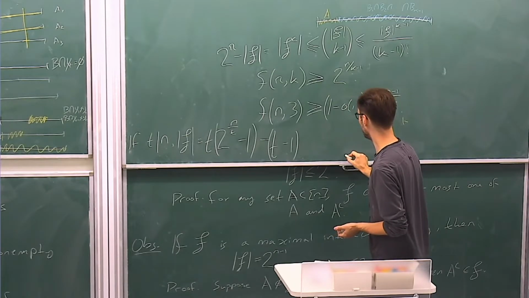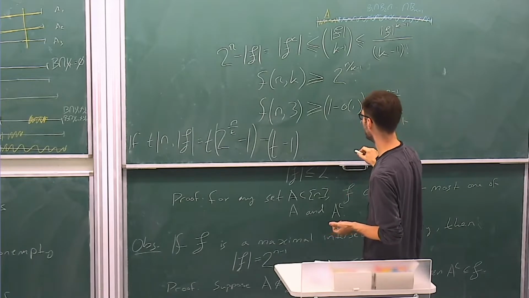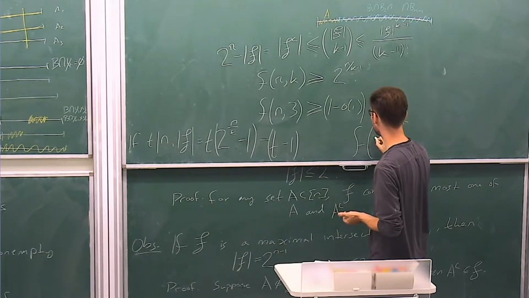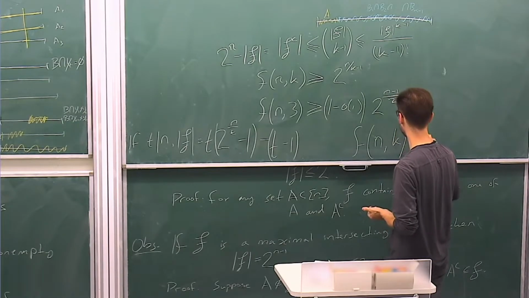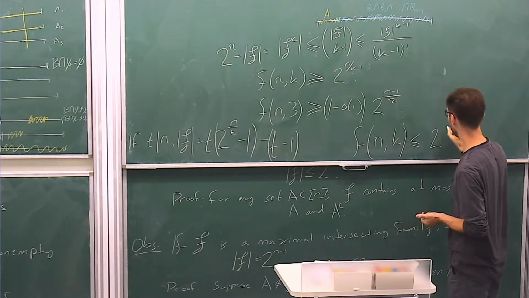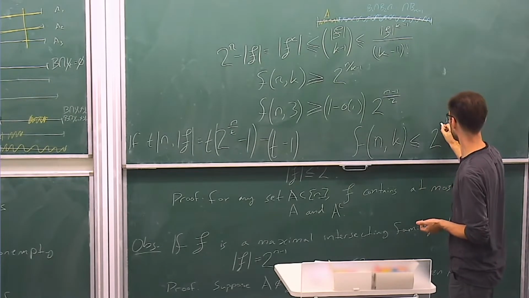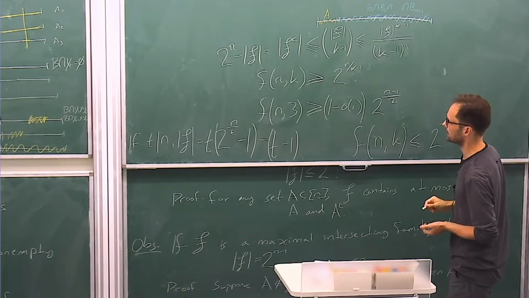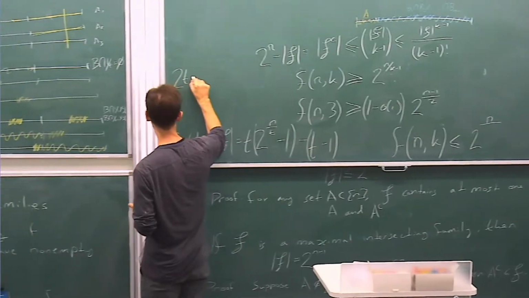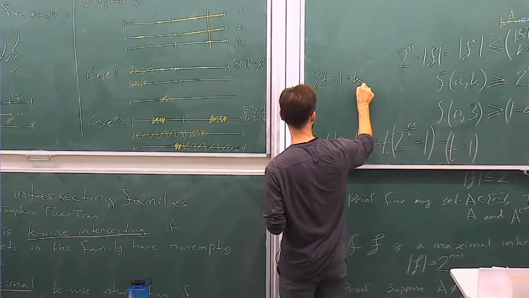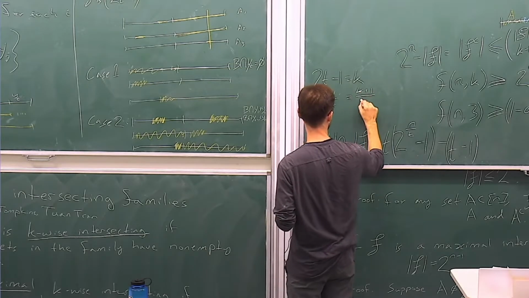The more important thing is that what this gives us is an upper bound. Well, let's see, if 2t minus 1 is equal to k, then t is equal to k plus 1 over 2.